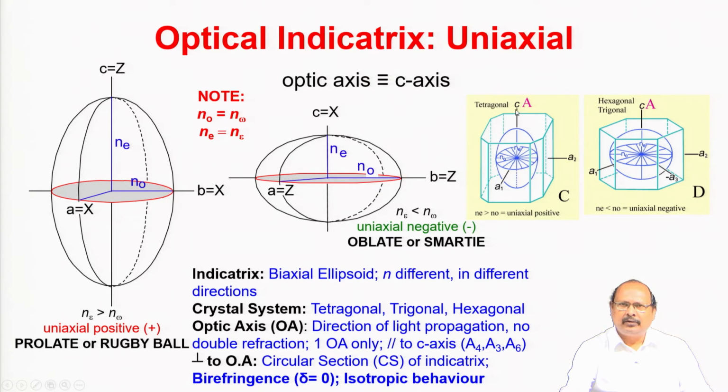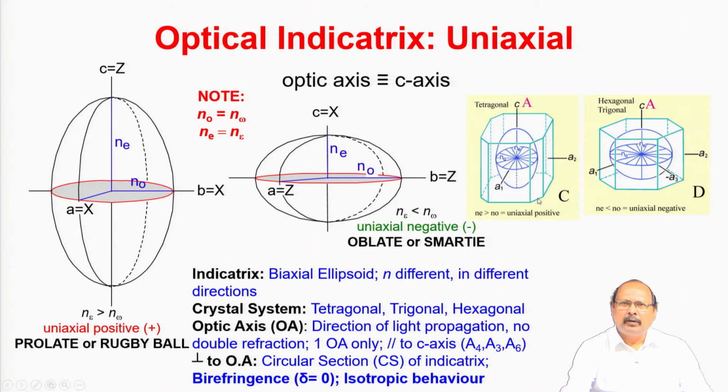The C crystallographic axis is a unique direction, and that direction we define as an optic axis. What does it mean? If a light ray propagates along the C crystallographic axis, what will happen?